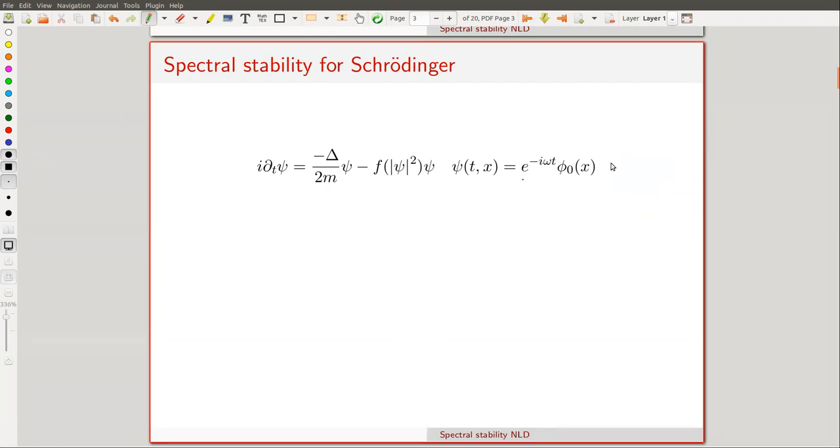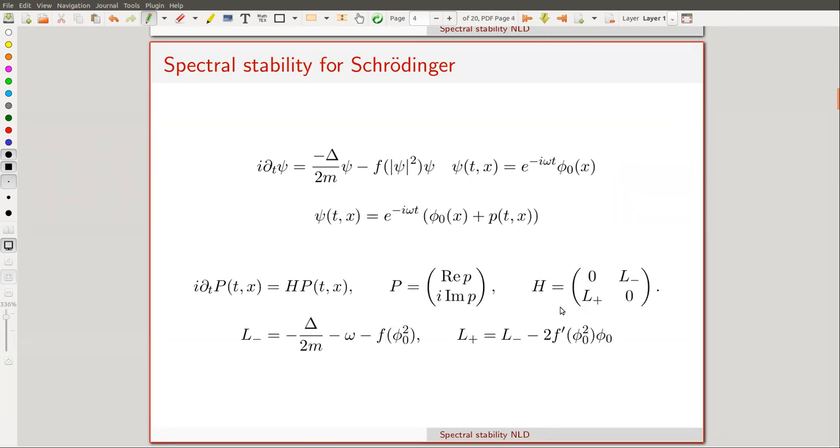Throughout the rest, phi 0 will be the solution chosen to be real, positive, actually strictly positive, and even, so you can center it, since you have translation invariance. That's about this equation. And so these solitary waves do exist.